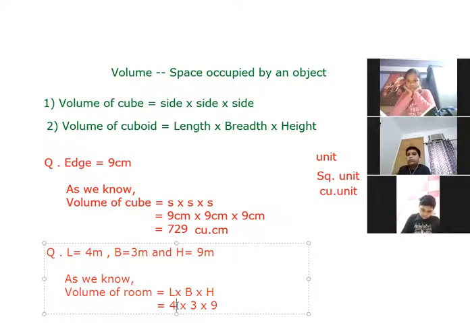But we have to write the units also. And here the unit is meter. 4 meter, 3 meter, and 9 meter. Now, when we multiply all these, what will be the answer? 4 multiplied by 3 you will get 12, and 12 multiplied by 9 you will get 108.